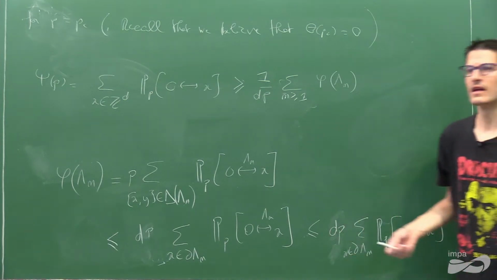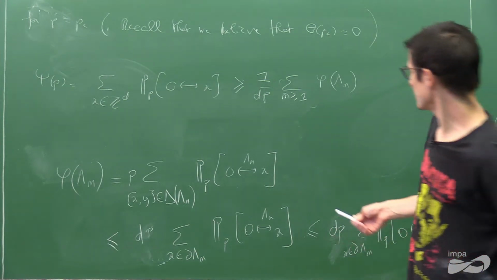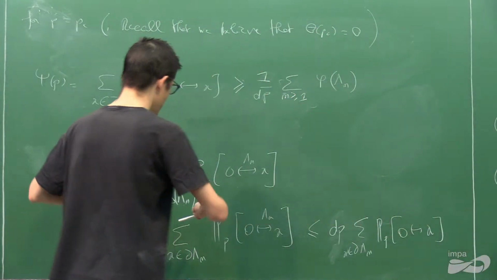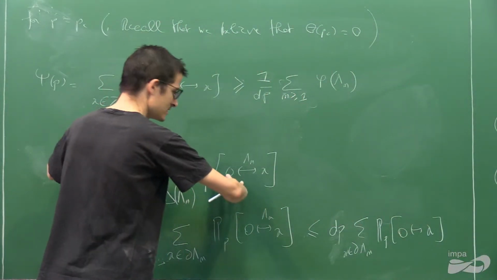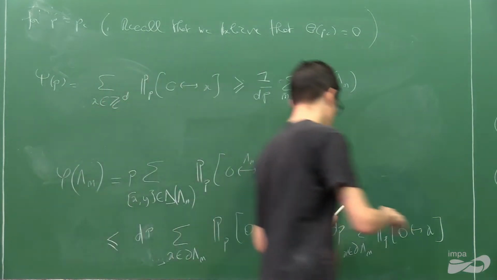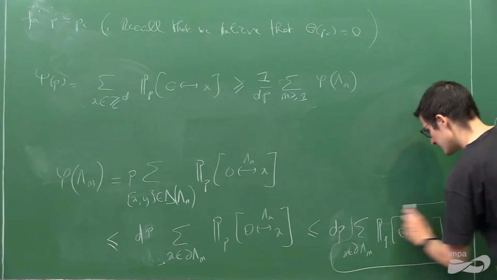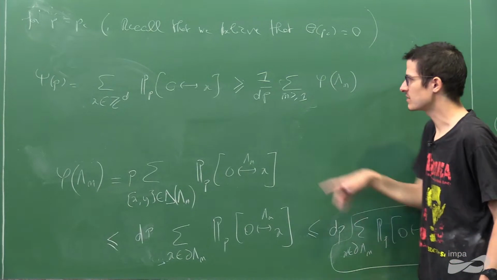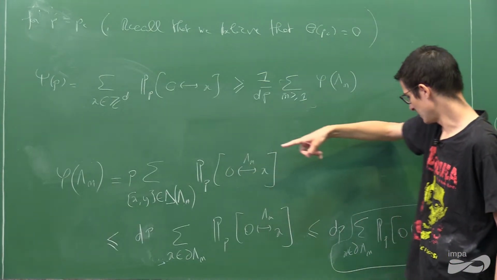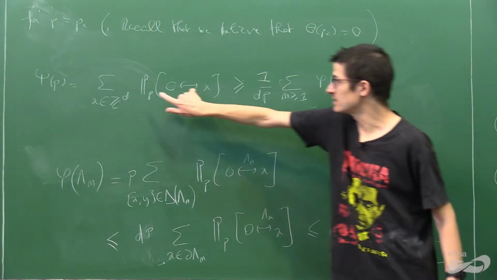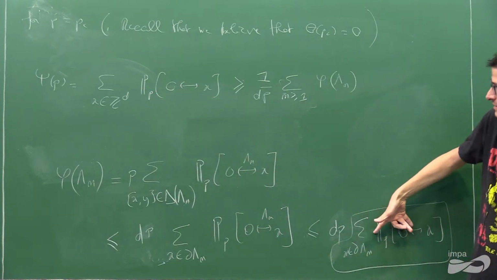Okay. Basically, what I want to say is that I want to compare this with this sum, and if I get this sum, then I'm done, because this sum here is really the sum over n of this.